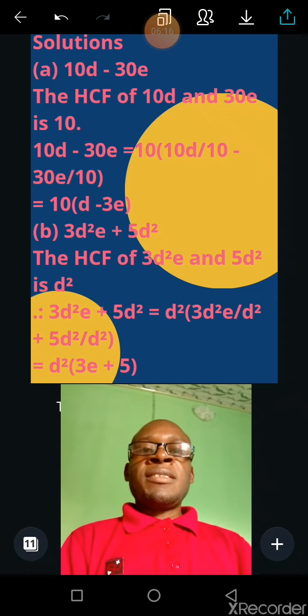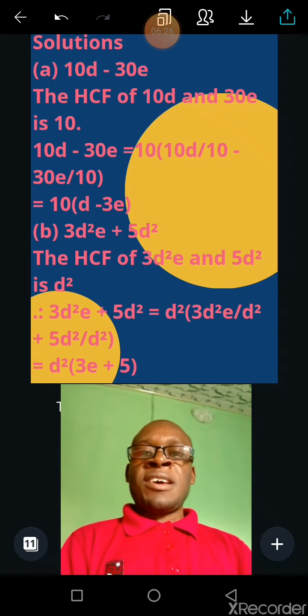Solutions. A, 10d minus 30e. There, just as we have learned HCF, you have to find the HCF of 10d minus 30e. So the HCF there is 10. We now use that 10 to do a very important thing. We have to use that 10 to divide each of the terms in the brackets.